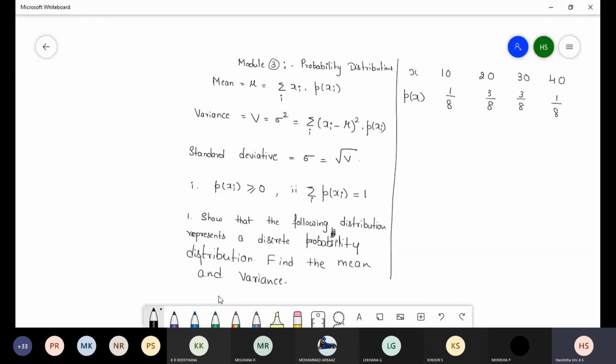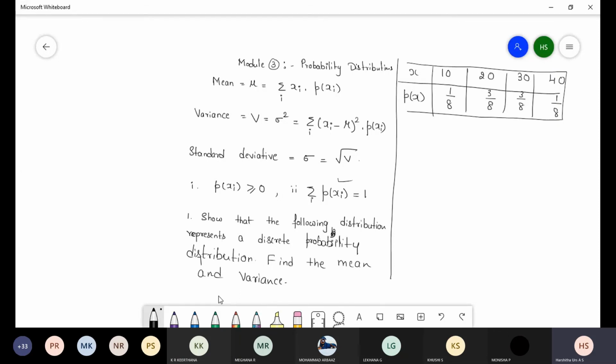Now as a condition here, 1 by 8, 3 by 8, 3 by 8, 1 by 8. If you add this, 3 plus 3 is 6, 6 plus 1 is 7, 7 plus 1 is 8, 8 by 8 is 1. So this condition is satisfied, and p of x is greater than or equal to 0. The values they have given here are greater than 0.